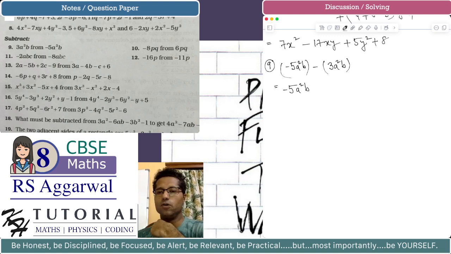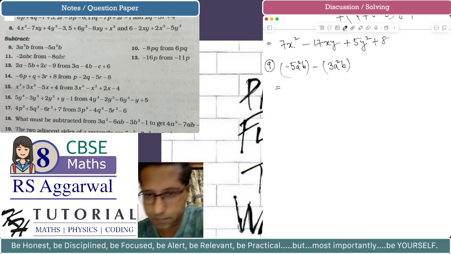I think it is more understandable if we do it like this. Minus 5a square b is a term, and 3a square b is also a term, and they are like terms.